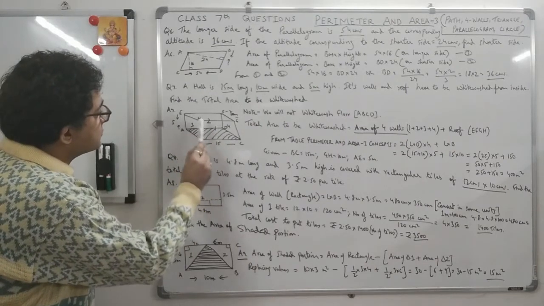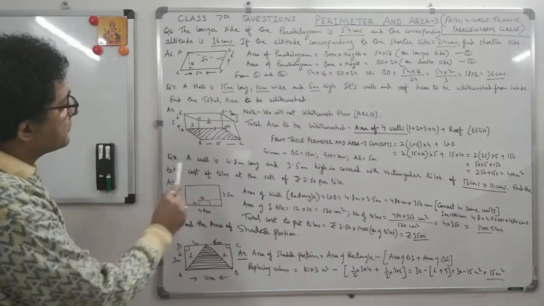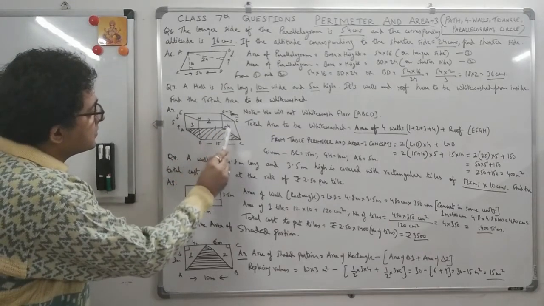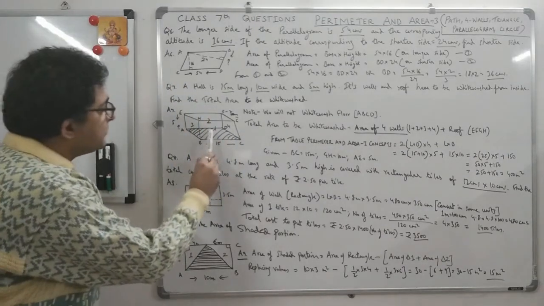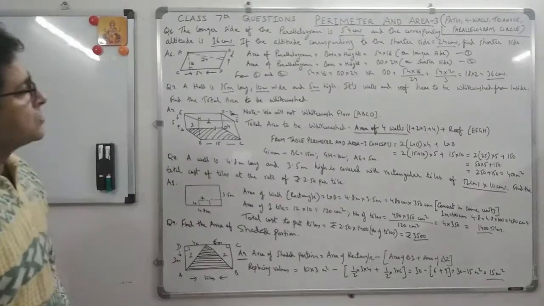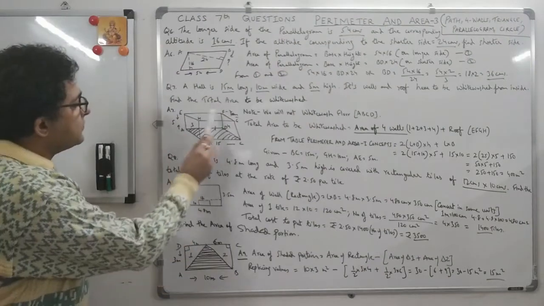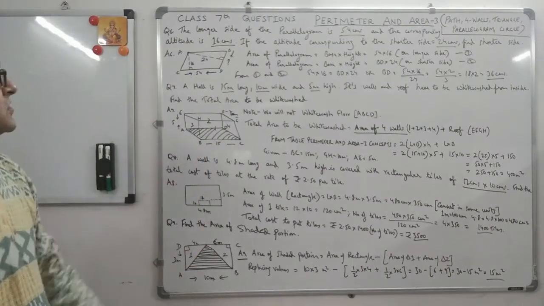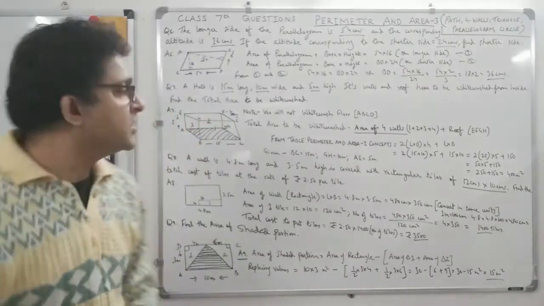These are the 4 walls I am showing you. 3 is this, and 4 is this. Right? This has to be left, and this also has to be whitewashed. So area of 4 walls plus roof, EFGH. EFGH is the roof. This is basically what has to happen whenever you have to whitewash any room.